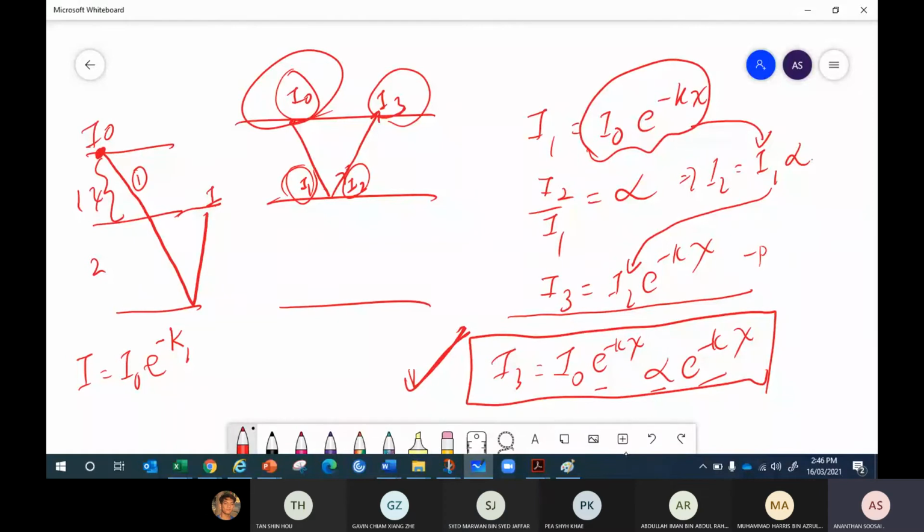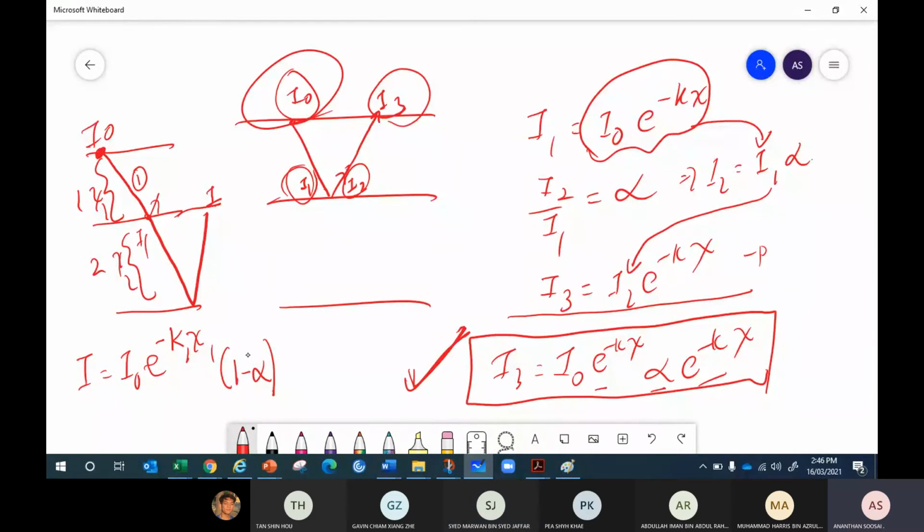Second thickness X2. Then at the second, when you reach the border, reflection happened, using K2 and X2. Do you times here with alpha? Not yet. You are taking the transmitted one, not the reflected one, so you write 1 minus alpha.